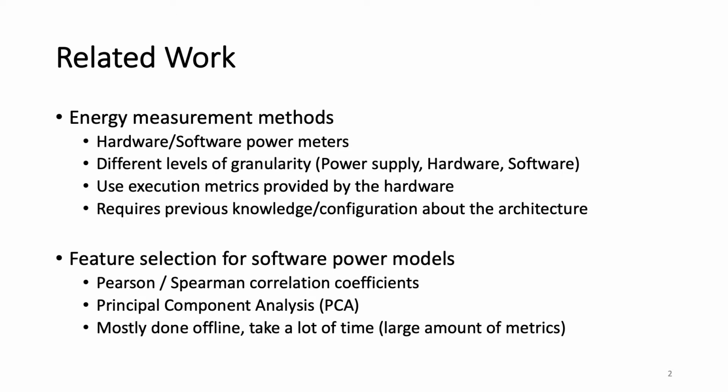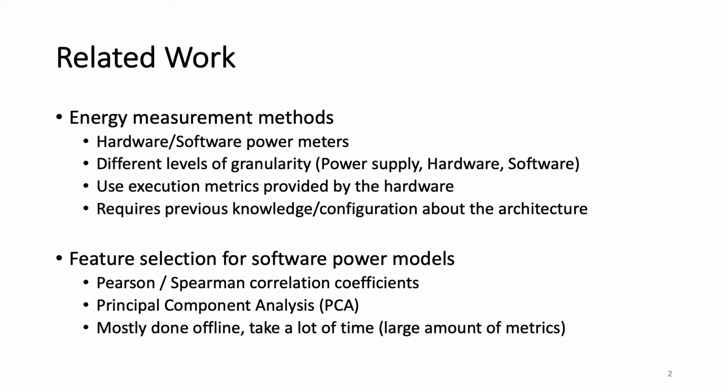But this power meter requires some configuration in order to be used, especially previous knowledge about the running architecture of the machine. And so this leads to the feature selection of the software power models. In the literature it's mainly done with the correlation coefficient and the principal component analysis, and they mostly use learning phases where they run benchmarks on the machine.